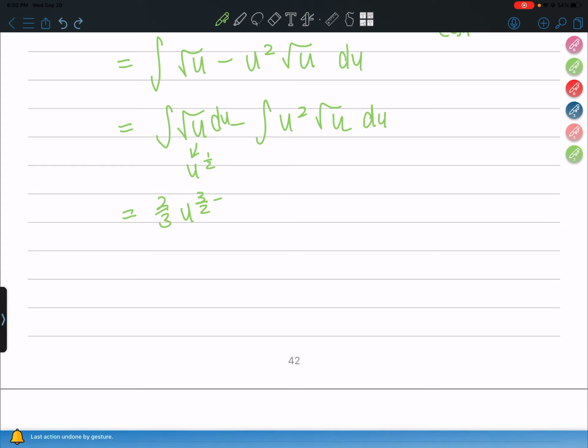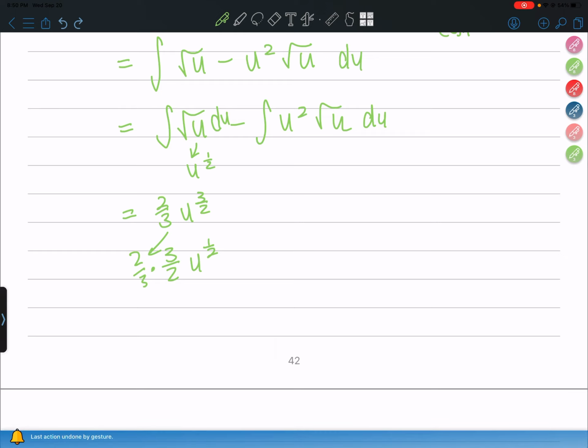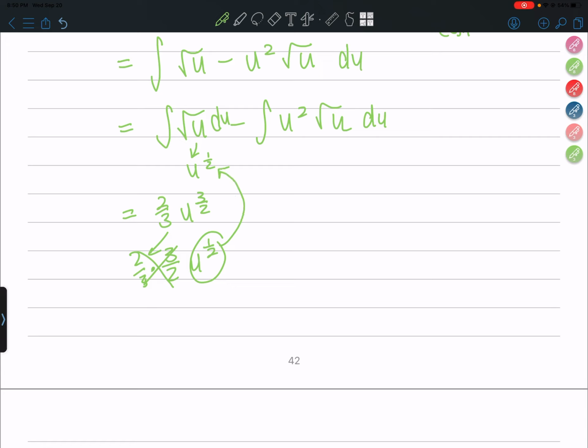So in this case, we would get 1 over 2. 3 over 2, 2 over 3, right? And then this would be brought down. So this turns out to be 1, and then we have this, which is what we wanted.